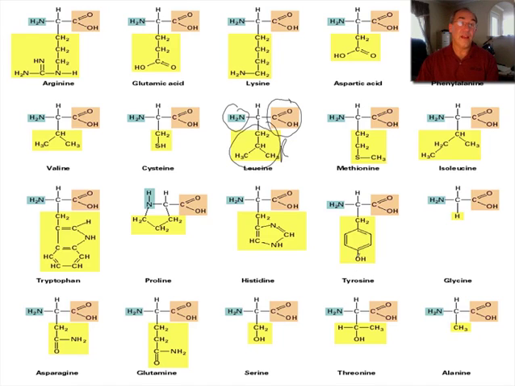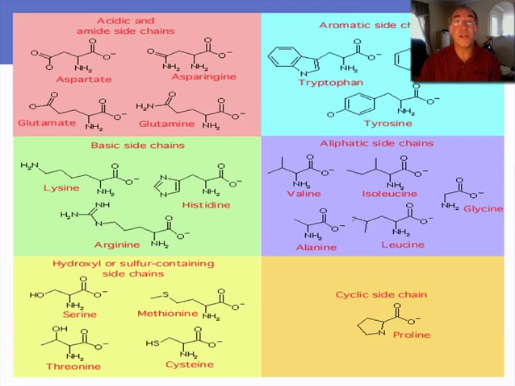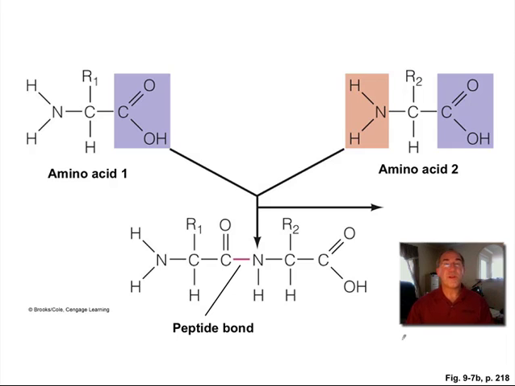We can combine these different amino acids into groups showing different properties. So here are aliphatic amino acids, here are aromatic ones, acidic, basic, hydroxyl, and so forth, and here's the only cyclic one, which is proline. During the process of translation, we join amino acids together, and here is amino acid number 1, and here is the carboxylic acid group here.